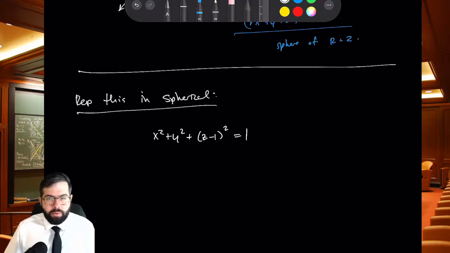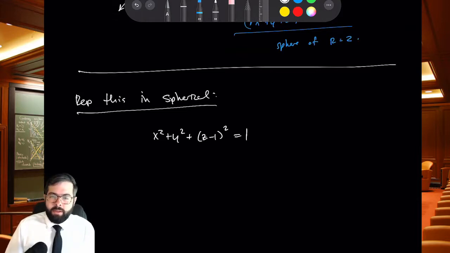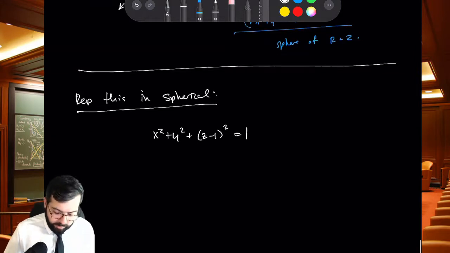So you probably have a guess that this is a sphere whose center has been shifted up 1 vertically, right? So how do we represent that with spherical coordinates? Well, we can plug in what we know for x, y, and z and see what happens.